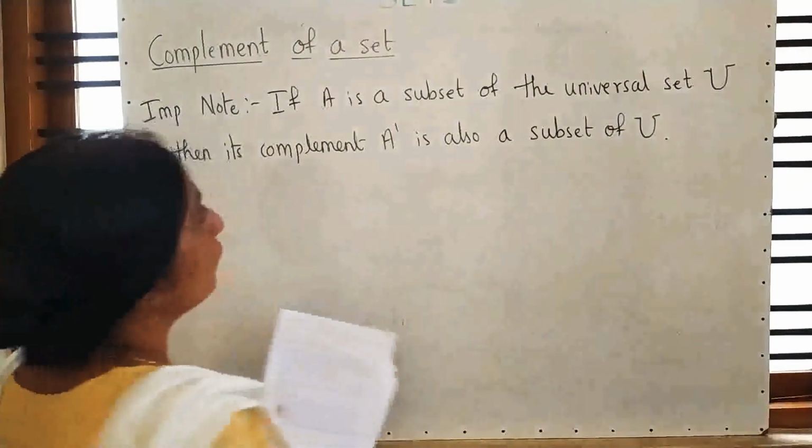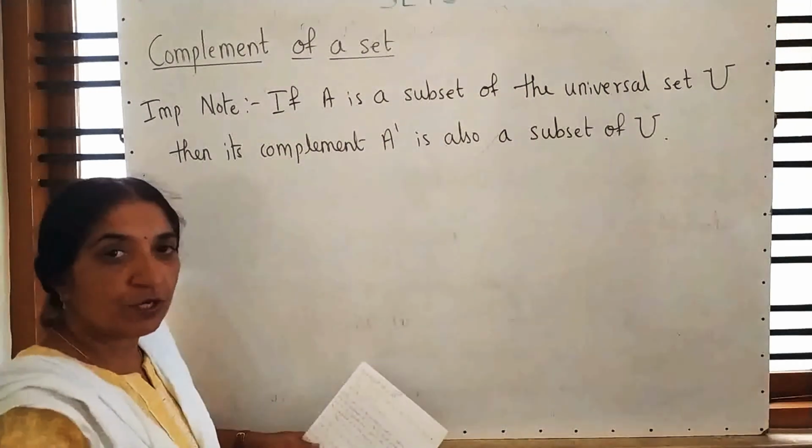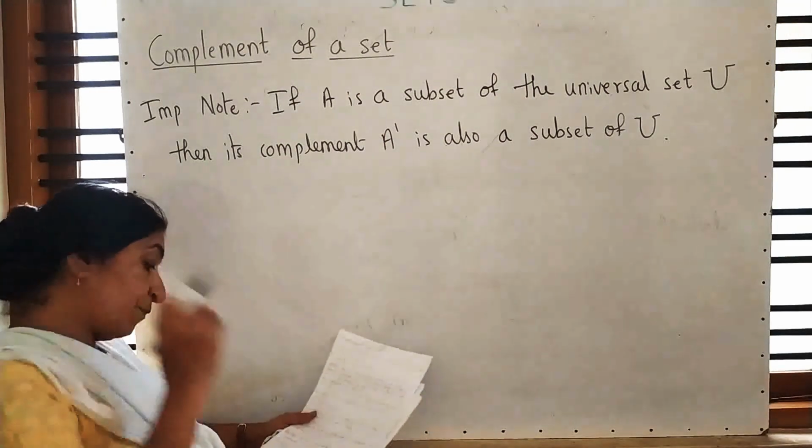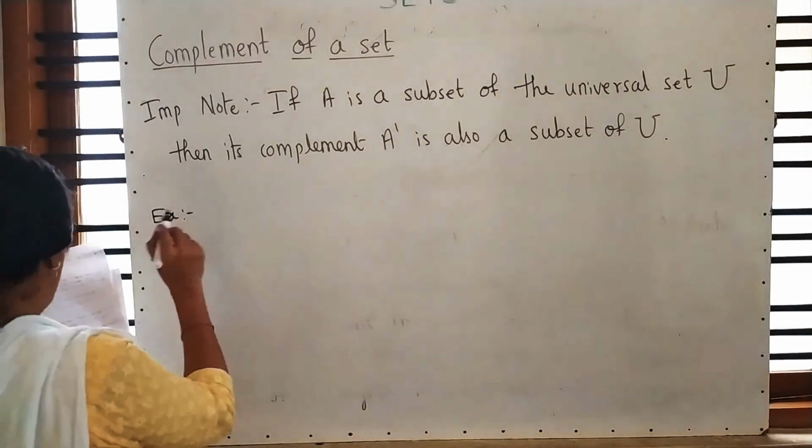Understood? If A is a subset of the universal set, it means its complement is also a subset. Both are subsets of the universal set. This is very important. Next example.